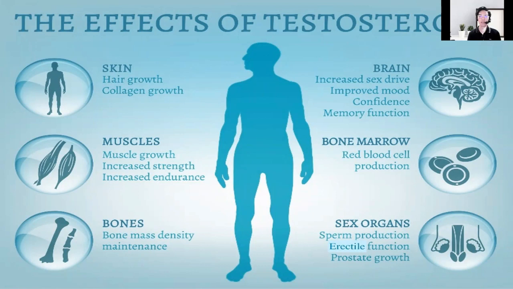On bones, bone mass density maintenance. In the brain, increased sex drive, improved mood, confidence, and memory function. In the bone marrow, red blood cell production. Sex organs, sperm production, erectile function, prostate growth.